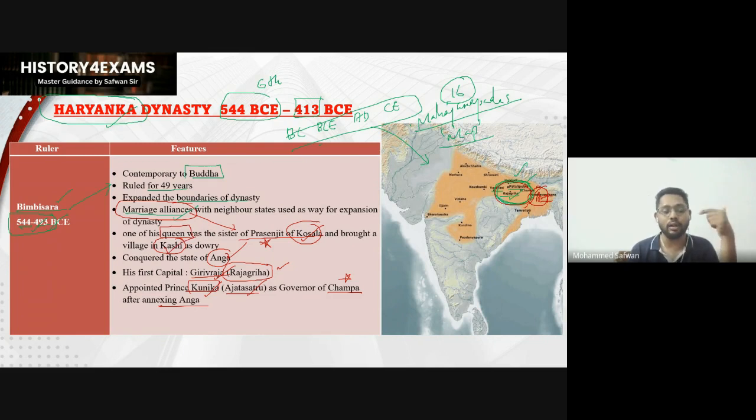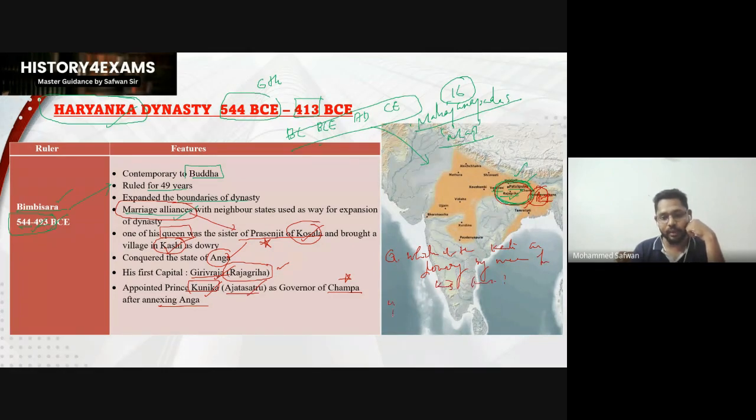You have to learn this kind of information. Sometimes you'll get a direct question. I am always teaching that when you are learning a particular paragraph, try to formulate questions from that area. So I can ask one question for the upcoming NET examination, like, which of the following kings received Kashi as dowry by marrying from Kosala?